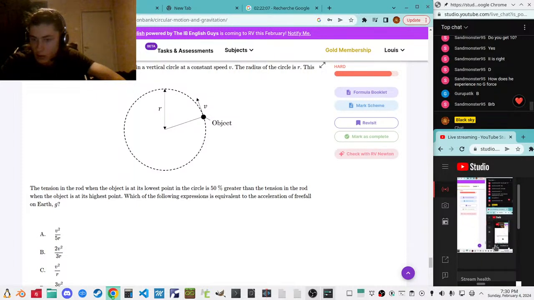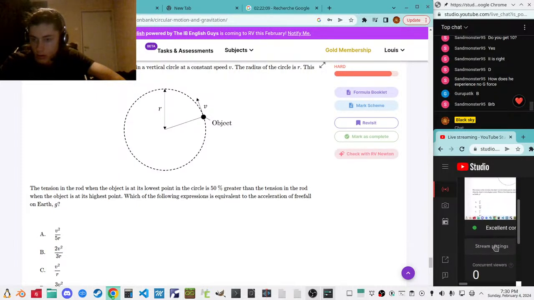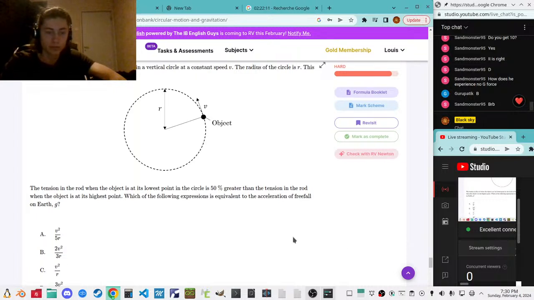Wow, it's a cool setup. The tension in the rod when the object is at its lowest point in the circle is 50% greater. Okay. When the object is at its highest point, which of the following is equivalent to the acceleration of free fall on Earth, g?